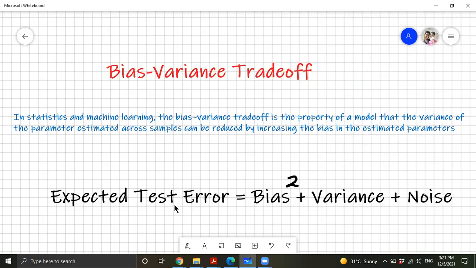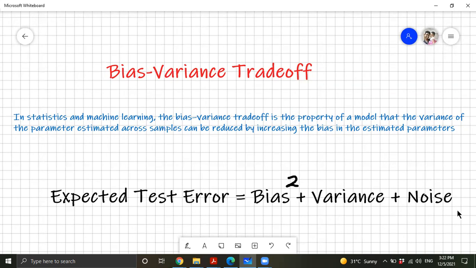Generally, after we build the model, if we evaluate on the test data set, there will be some error, right? That error we can call the expected test error. Then the expected test error will be equal to the square of the bias plus variance plus noise.